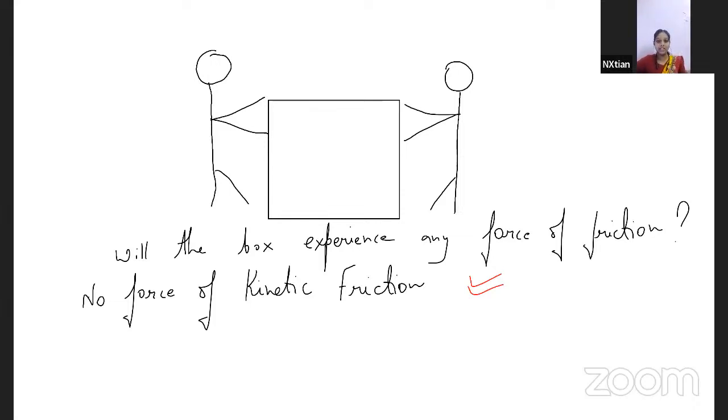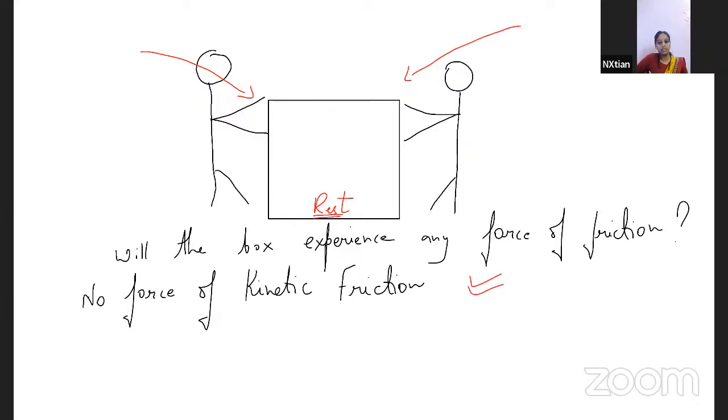This is the external force being applied to the box, but since the forces are of the same magnitude, the box is not yet moving. Static friction is responsible for keeping an object at rest, even when a force is applied to it. Can you see that this object is at rest?